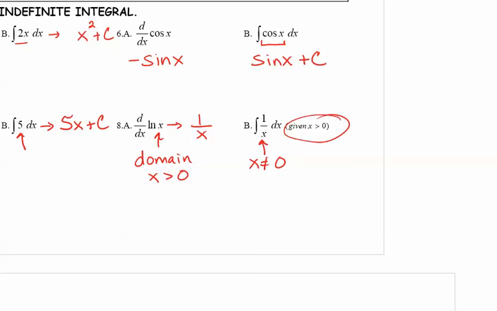If we're given that x is a positive number, then 1 over x is the derivative of what? If you know your derivative rules, then you know how to integrate. So you'd say 1 over x is the derivative of what? It is the derivative of the natural log of x plus any constant.